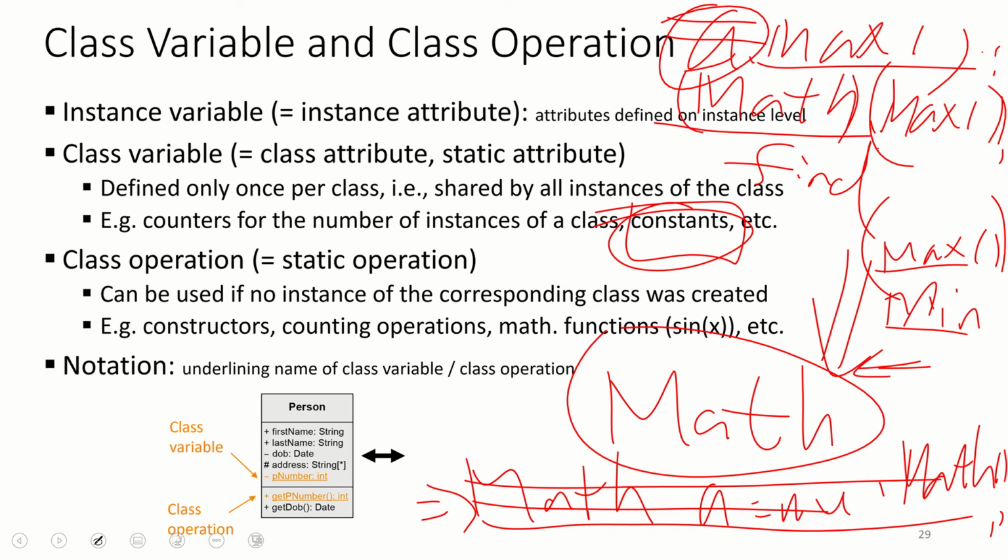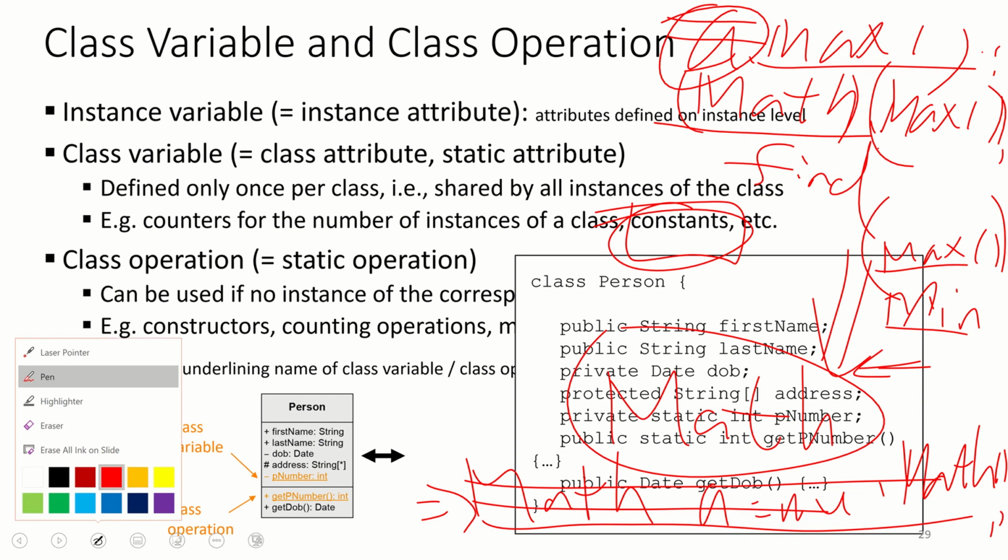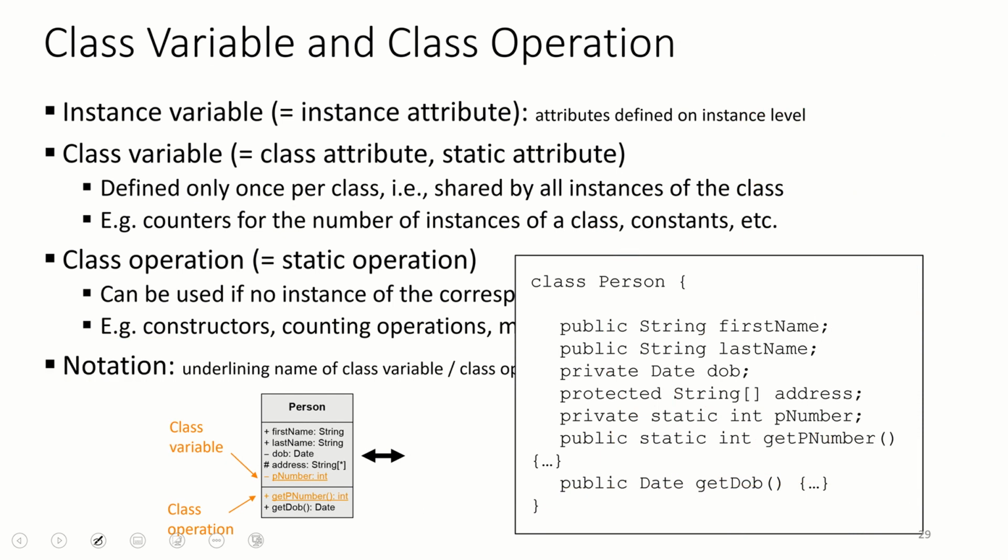So you need to know, when you create a class diagram, what kind of thing is an instance variable, what kind of variable is a class variable, and what a class operation is as well. After that you should be able to easily translate a class diagram into the real class.